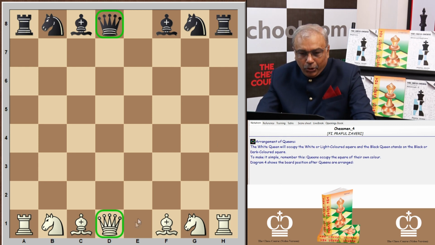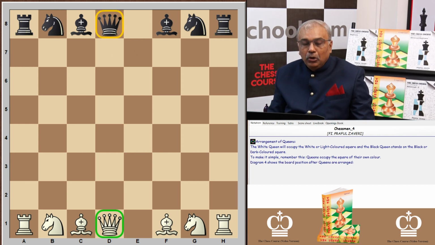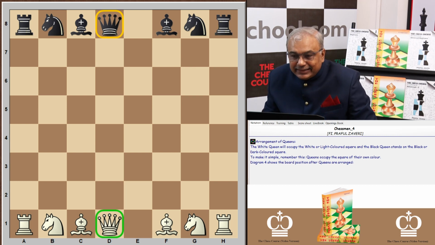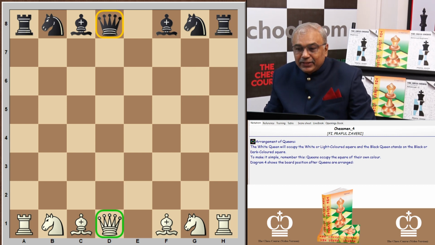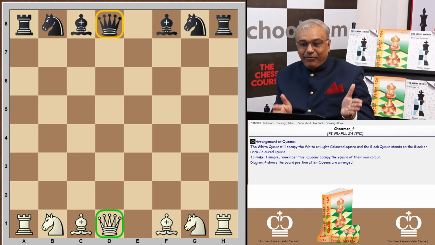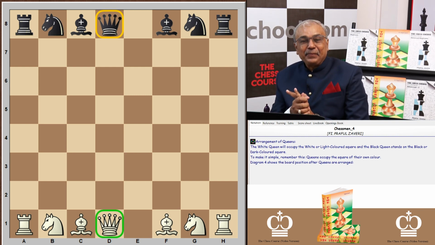That means queens occupy the same color, white queen on white, black queen on black. So to make it simple, remember this: queens occupy the square of their own color. It's a matching color for the queen. A simple thing to remember.